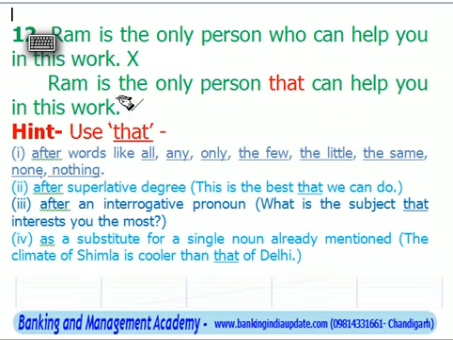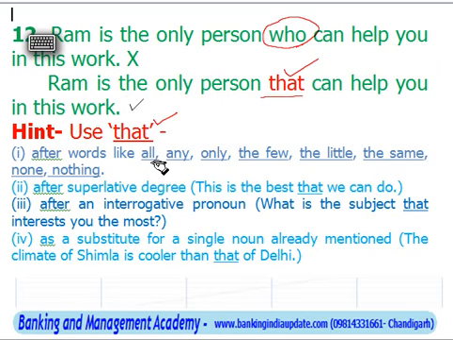In the next sentence, Ram is the only person who can help you in this work. Instead of using who, it would be correct to use that. Ram is the only person that can help you in this work. Let us take a look at the various areas where the usage of that is required.